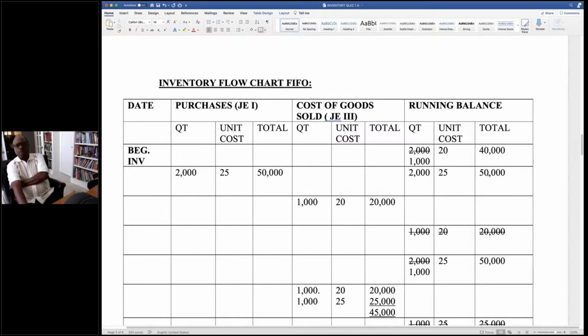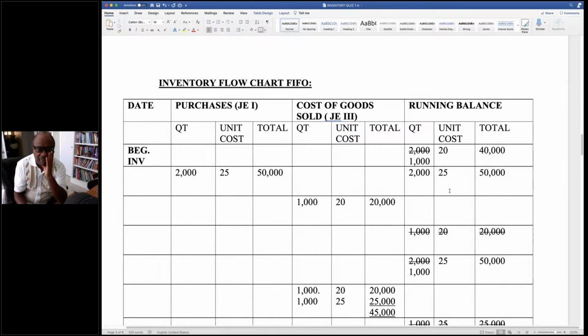So on weighted average, in the first instance, it was 2,000 and 1,000, 3,000. 2,000 times 40, so you'd have 4,000 into 90. You'd be at 2,250.